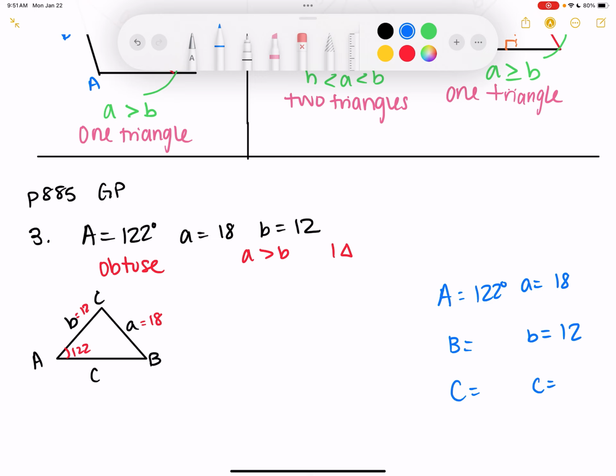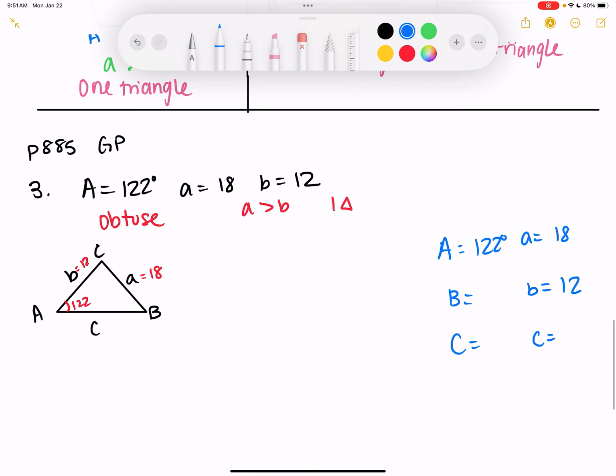So right now I don't have any information about C. So the only thing I can find is angle B. So I'm going to use sine of B over side B, which is 12, is equal to the sine of 122 over 18.